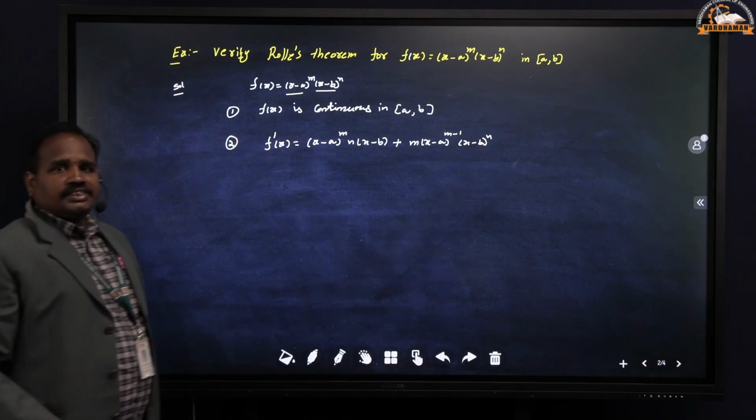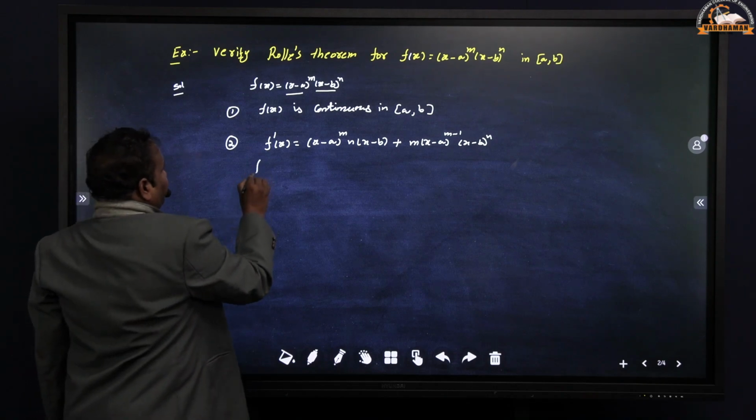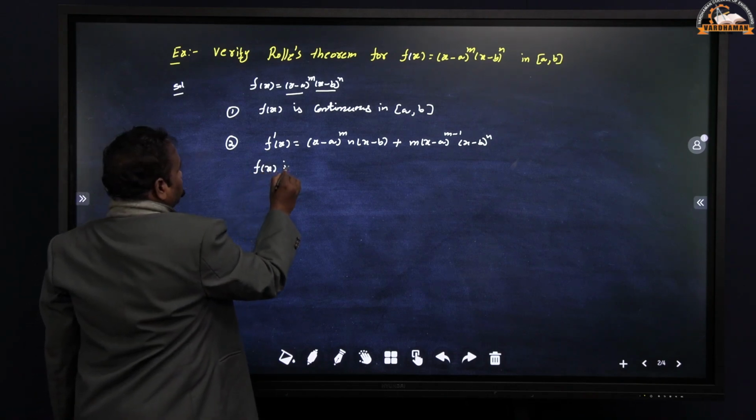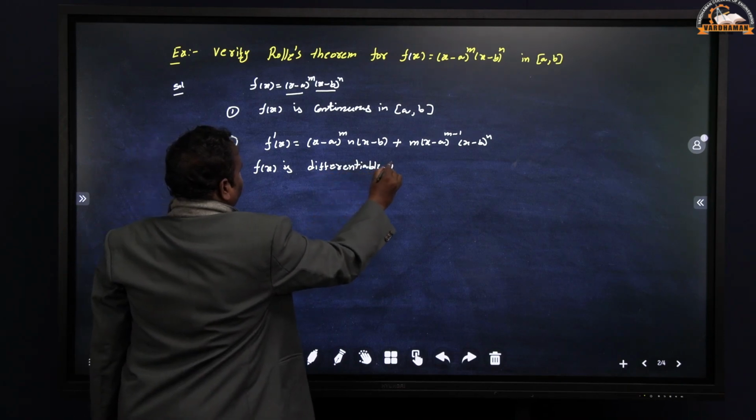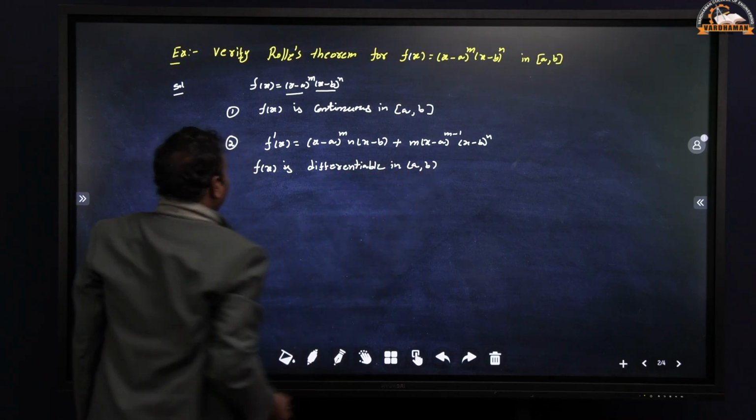So the derivative exists, therefore f is differentiable in the open interval (a, b).